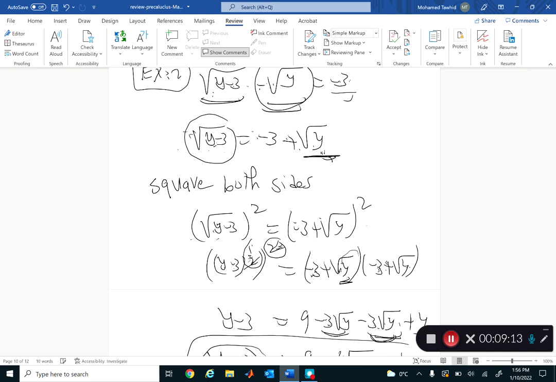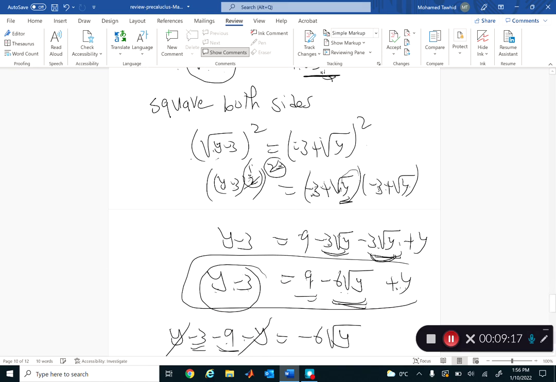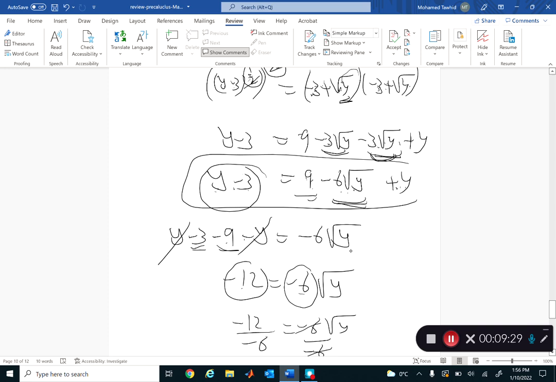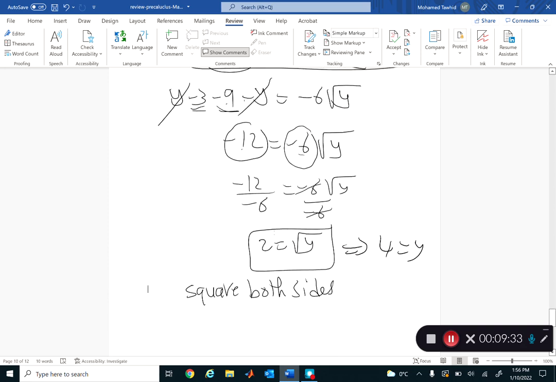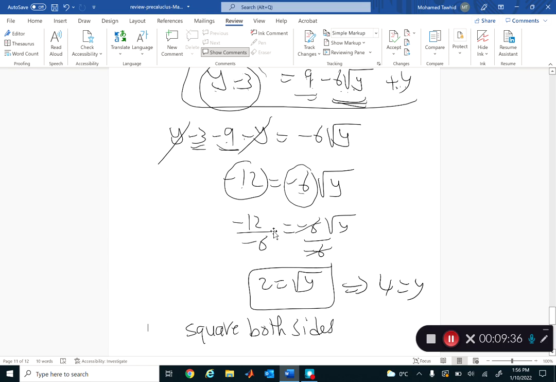Simplify this, it's 2 brackets multiplied by itself twice, and then I expanded, I simplified, and then you end up with 1 radical term. You leave 1 radical term on one side, take the non-radical terms to the other side, and then go ahead and simplify. That's what I did. I end up with y equal 4, right? So there are 2 examples here of how to solve radical problems.